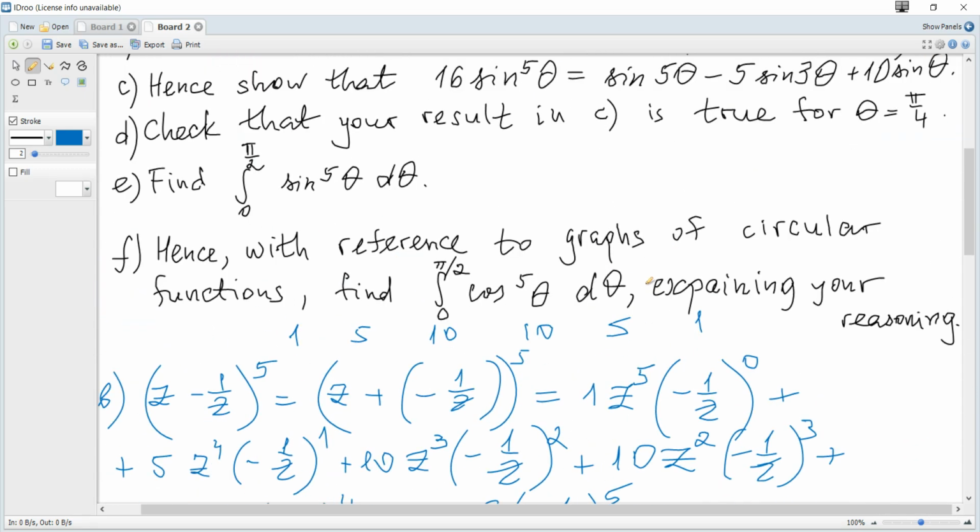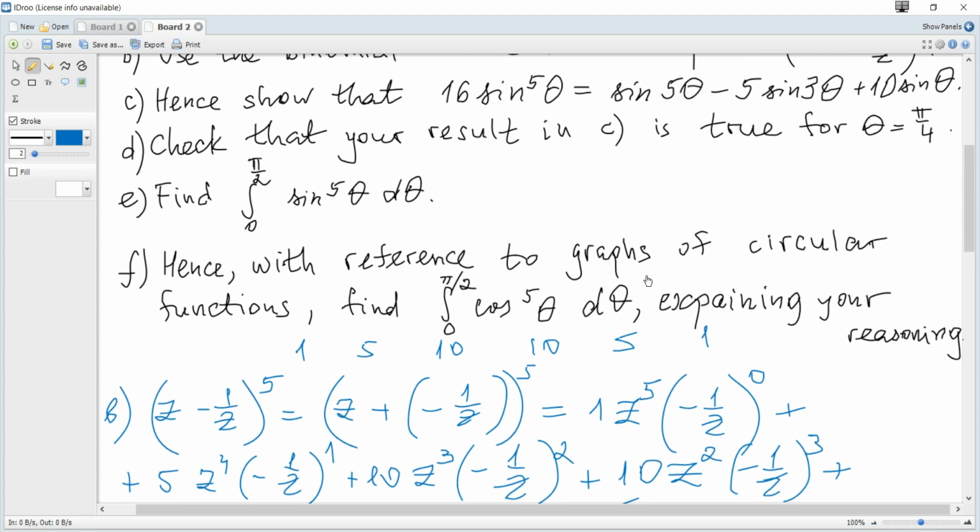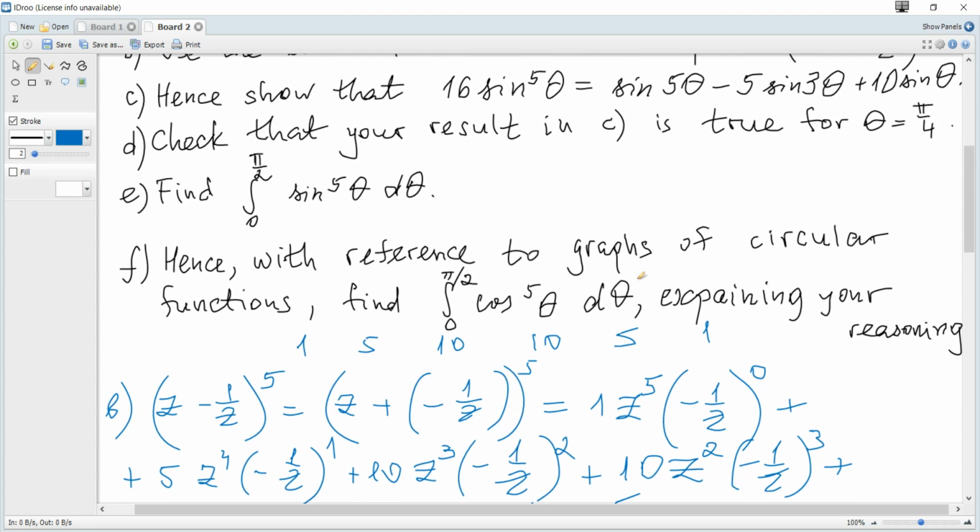The next, I can delete it. The next, find the next integral, sine to the power of 5 from 0 to pi over 2.